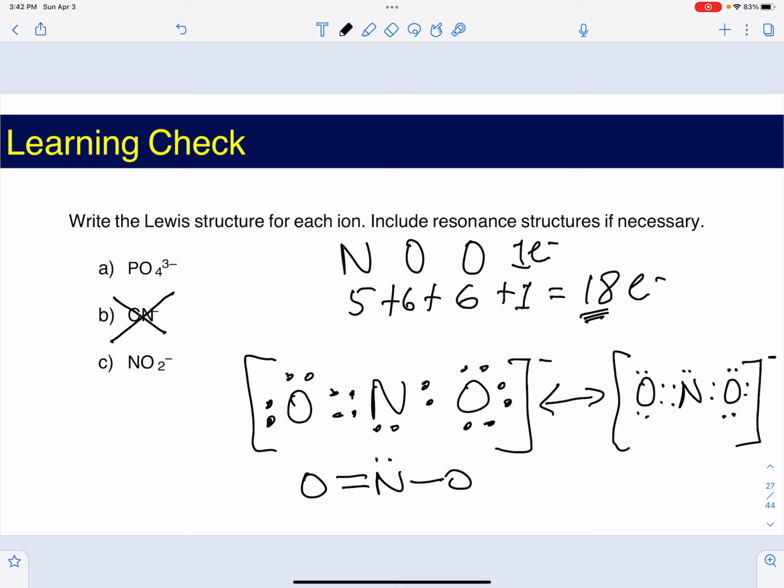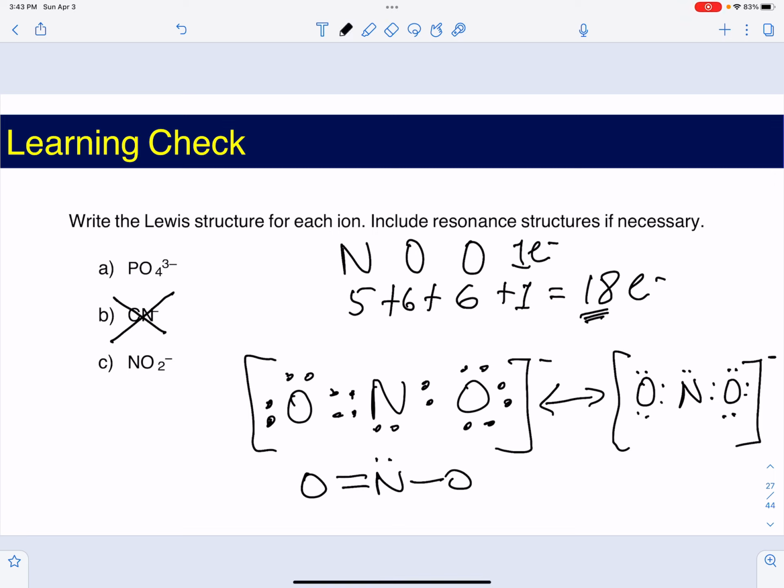So I can take these 2 electrons and move them over here. Well, that wouldn't work because then the oxygen on my left is short and the oxygen on the right has too much. So back to square one.